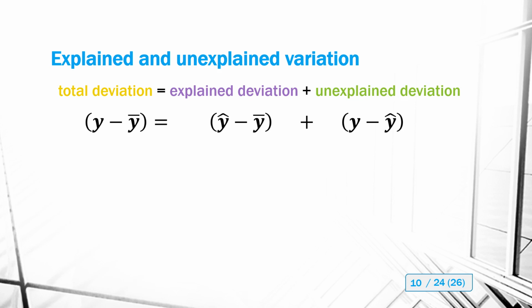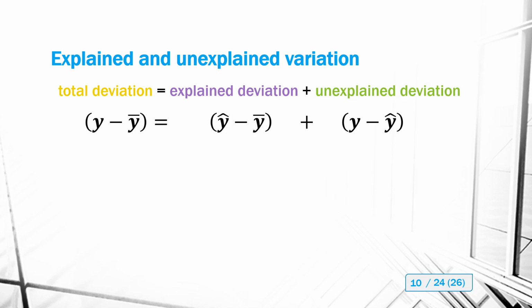So total deviation is the distance between our data point, represented by the y, and the mean value, represented by y bar. Explained deviation is the distance between the regression line, represented by y hat, and the mean value, represented by y bar. Unexplained deviation is the distance between our data point and the regression line. So that's the y minus y hat.